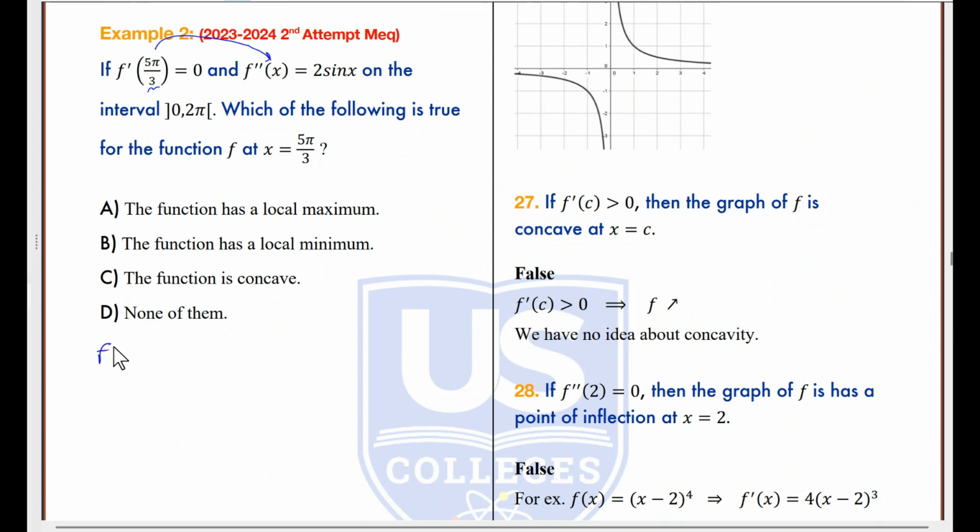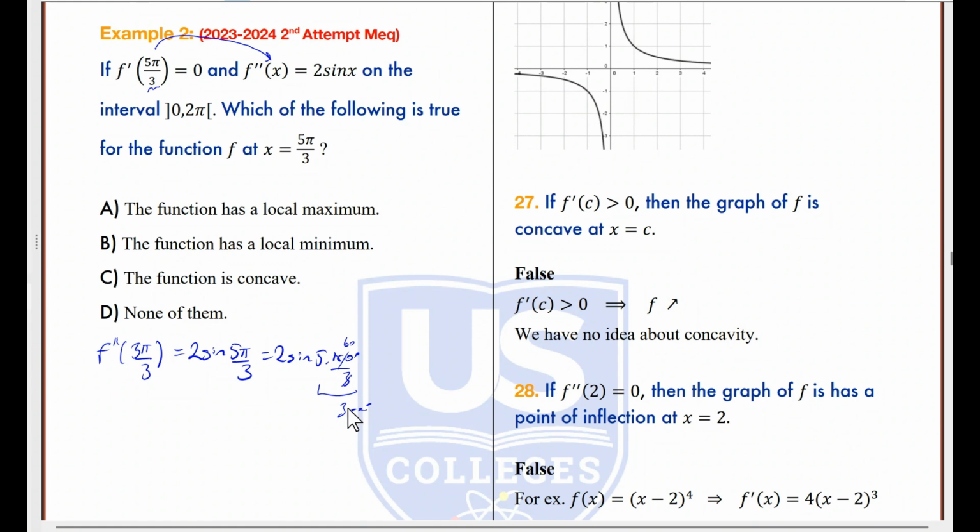Okay, so what is f double prime of 5 pi over 3? Which is equal to 2 sine 5 pi over 3. So just evaluate that. 2 sine 5 pi over 3, which is 300 degrees, sine 300.